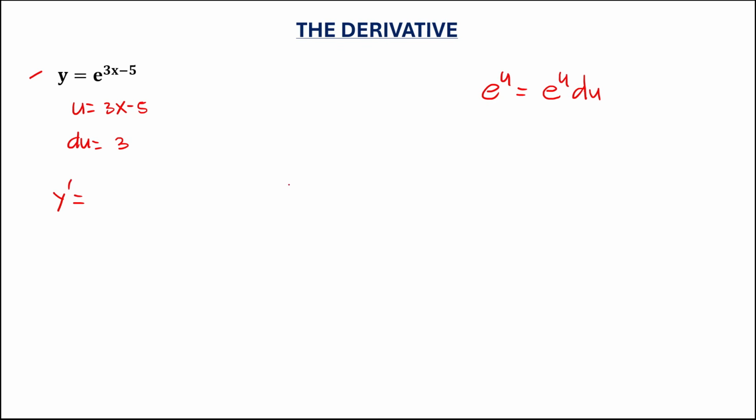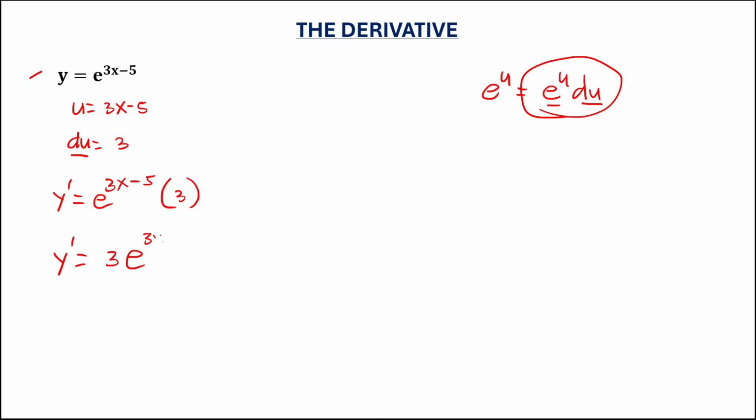So using this formula, first copy the given, e to the power 3x minus 5, then times the derivative of u, and du is equal to 3. Therefore, y prime is equal to 3 times e to the power 3x minus 5.